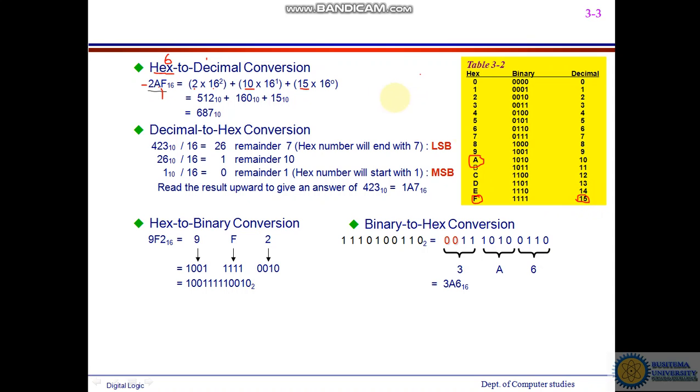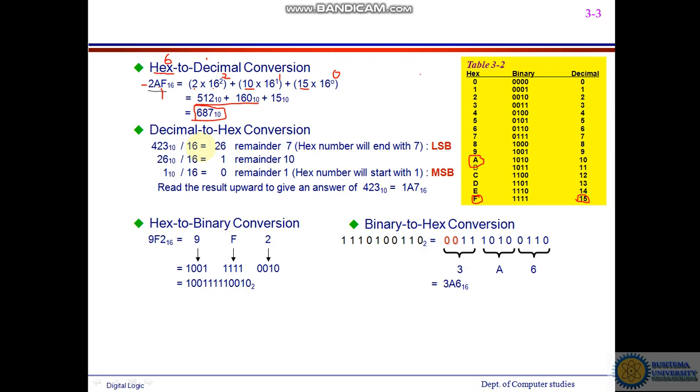Okay, so 15 times 16 to the power 0. So the powers will run from 0, 1, and then 2. Good. So this is going to give you this, and finally you have this in base 10.